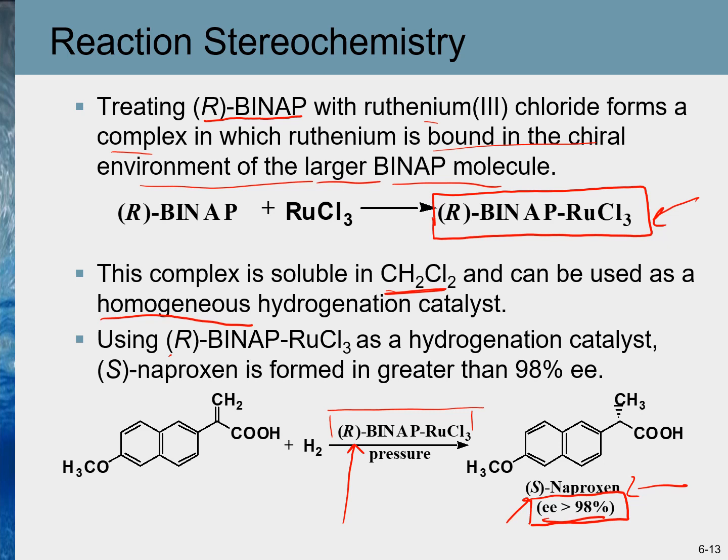So therefore we can conclude that if you want to produce an optically pure compound from an achiral starting material, the reaction must be carried out in a chiral environment.